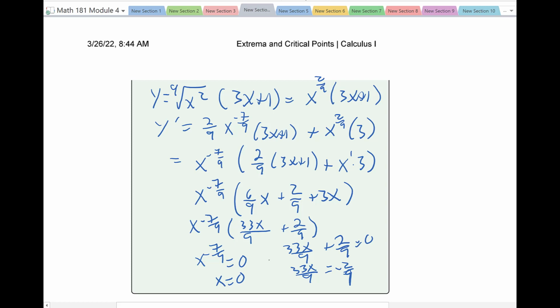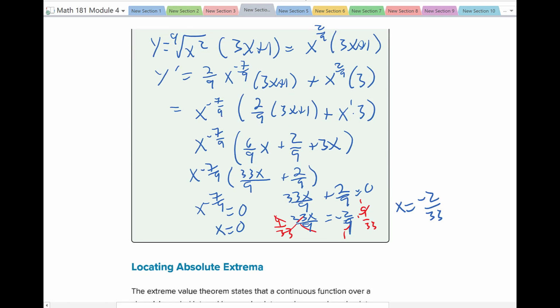So if I multiply by the reciprocal, 9 over 33, the 9's divide out here. I have x equals negative 2 over 33. So my critical values are x equals 0 and negative 2 over 33. Okay, pretty cool, huh?